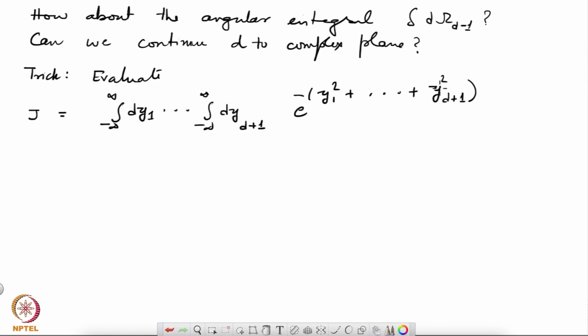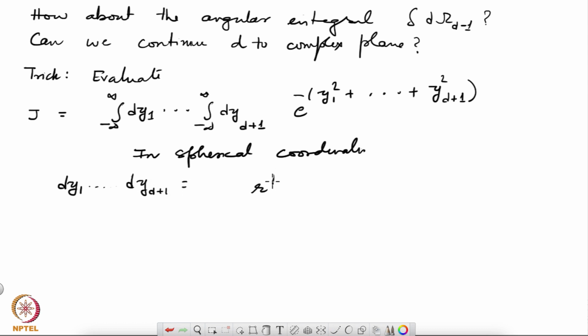Because again you see that the integrand, this exponential, involves only the sum of the squares, it tells us that I should use angular integrals, I mean spherical coordinates. In spherical coordinates, I will have dy1 to dy d plus 1 equal to r power d dr, from 0 to infinity.